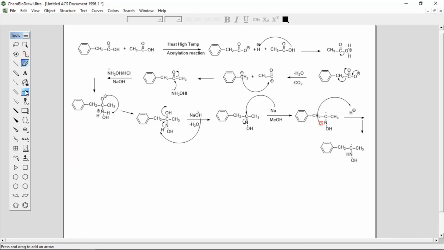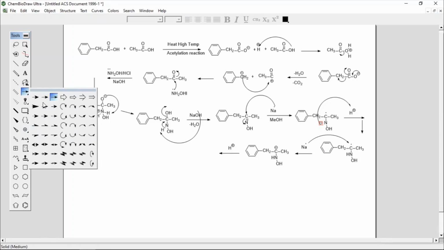Now again in the next step, when you have one sodium, that one sodium from solvent, positive charge on this hydrogen.